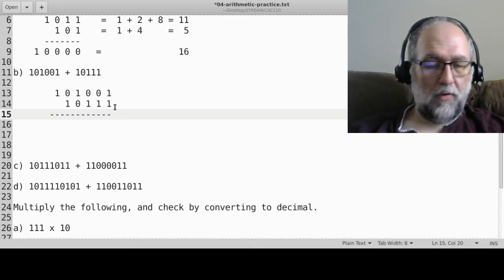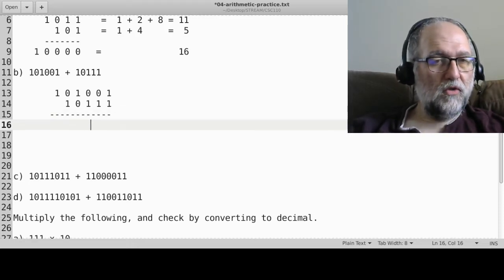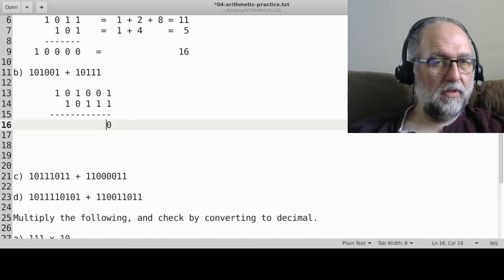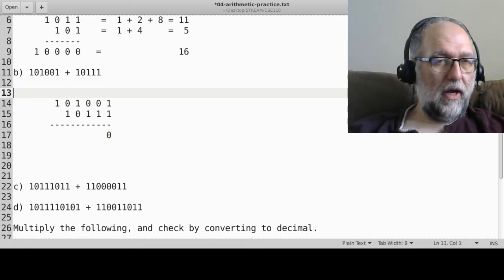Let's see what we get. Starting with the ones column, we have 1 plus 1 is 0, carry 1.